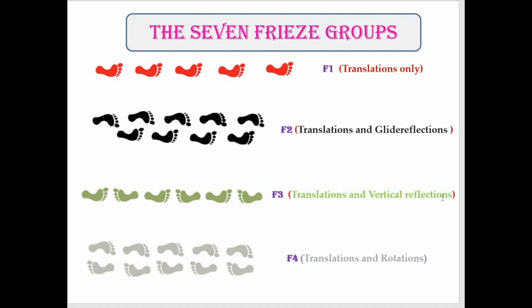So we have translation and vertical reflection, and translation and rotation. When you have this motif and rotate it through 180 degrees, you get this. And then translation. Translation is a must to get a frieze pattern. So translation and rotation gives F4.